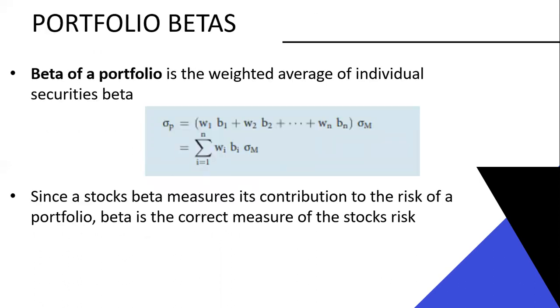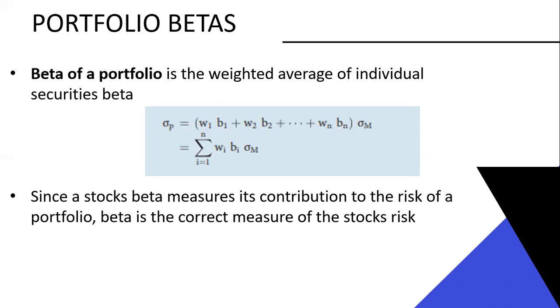All right, next we will need to understand how to calculate the beta of a portfolio. Well, that's very easy. All you need to do is take the weighted average of individual securities' betas. So again, you take the weighted average of each of the various stocks' betas, and that will give you the beta of the portfolio.